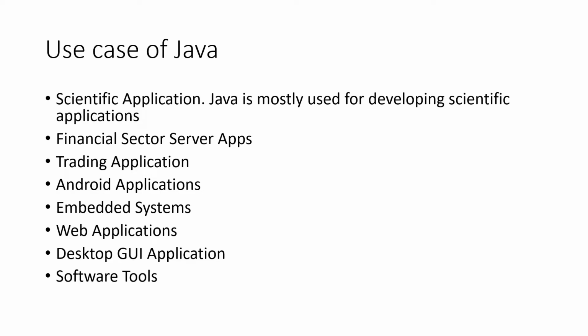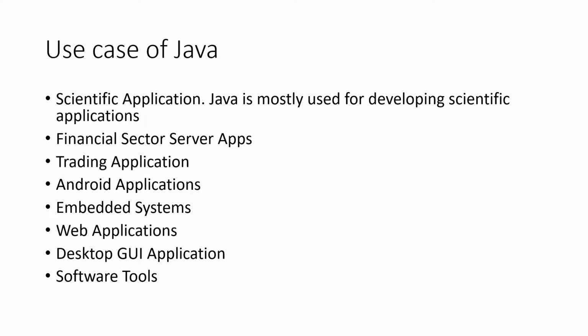The basic use case of Java can be anything. You can write anything in Java, but like I mentioned, mainly Java is used for developing scientific applications. Financial sector server apps are very important, like a capital market trading solution, a trading application.